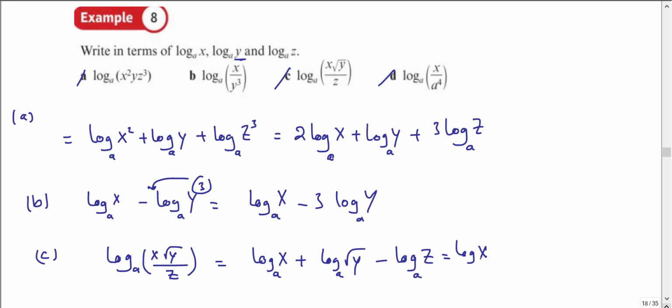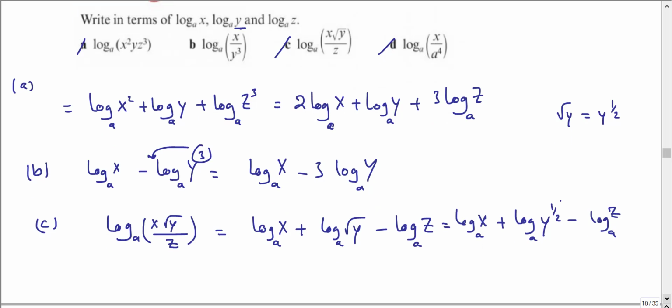Change the root to power half. Make it y to the half, base a, minus log z base a. Then bring down the half. So this will be log x base a plus half log y base a minus log z base a. Did you get this, Adam?